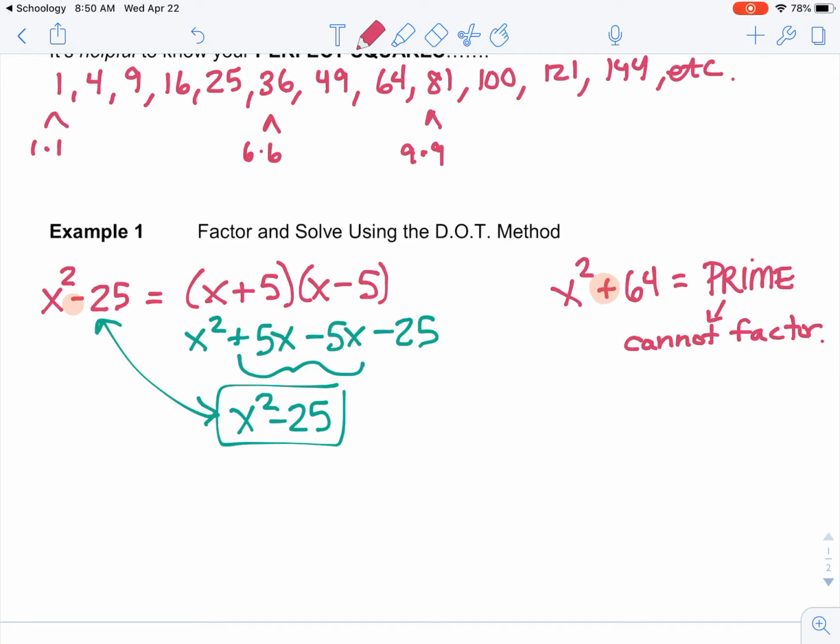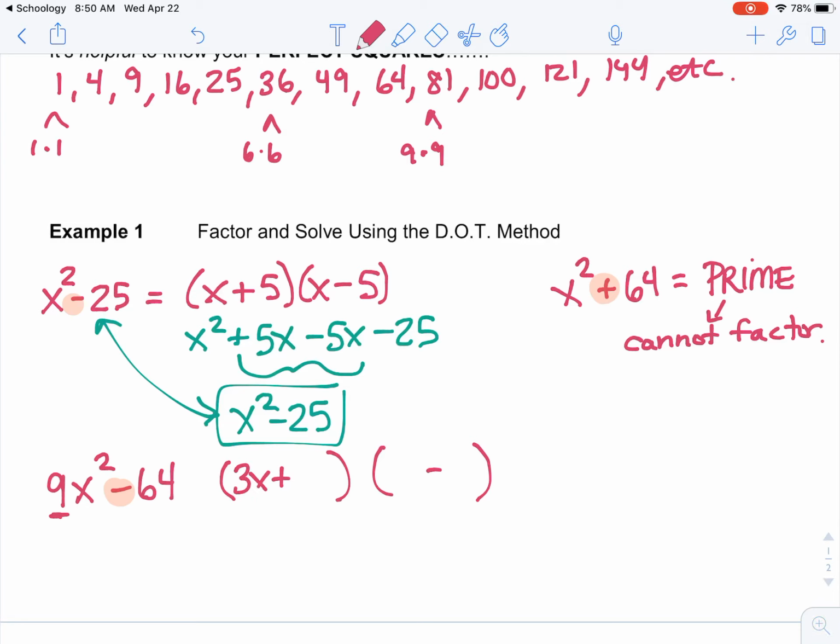All right, and another example would be if we have 9x squared minus 64. So here, again, I'm looking, I have a negative sign, so I'm going to factor it. Okay, one's positive, one's negative. So if we have 9x squared, I can factor 9 as 3 times 3.